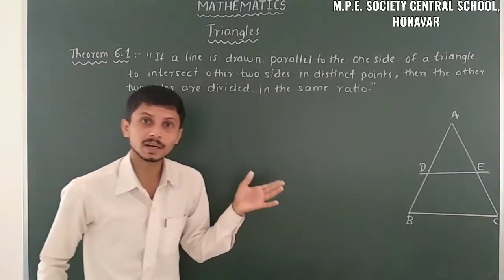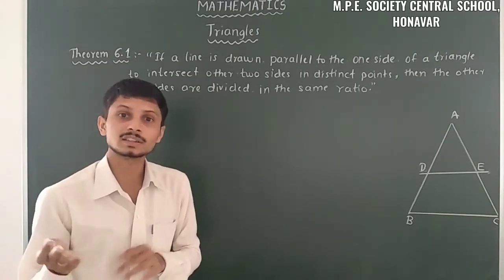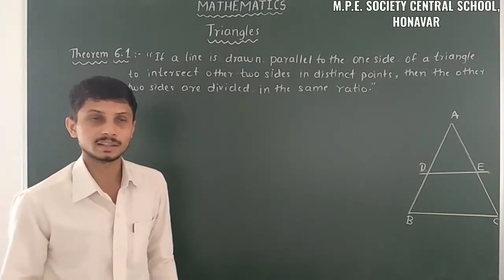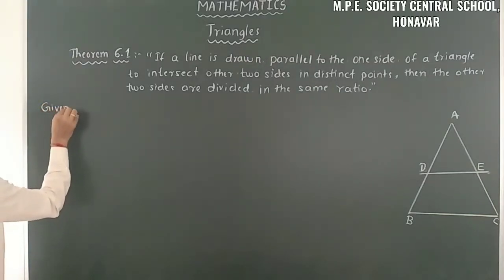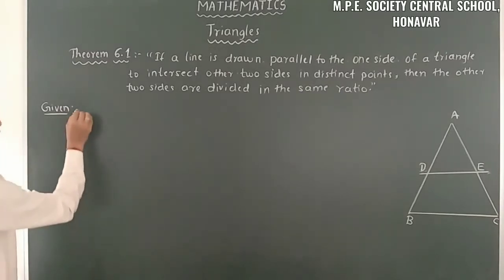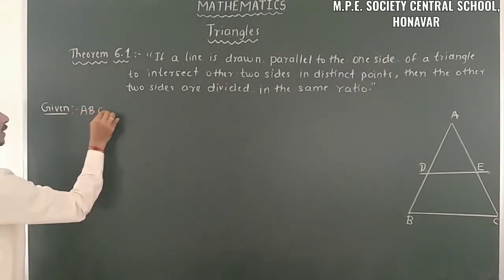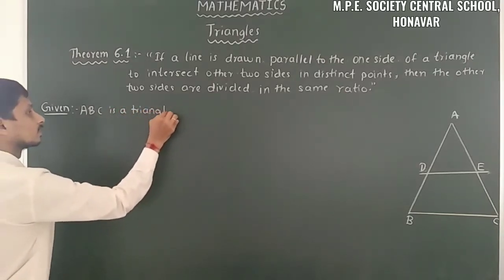So firstly we have to write what the given things are and what we have to prove, and whether we require any construction or not. So firstly I will write the given things. What are the given things here? So here ABC is a triangle.